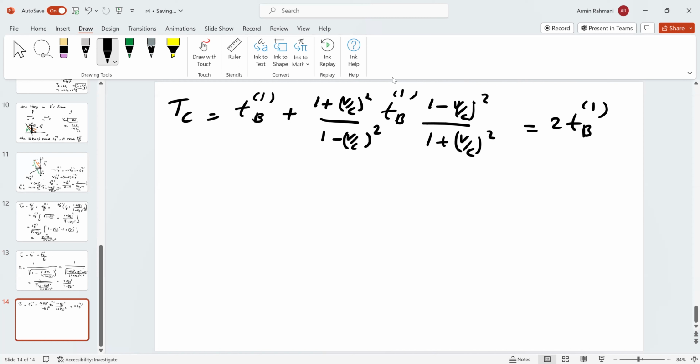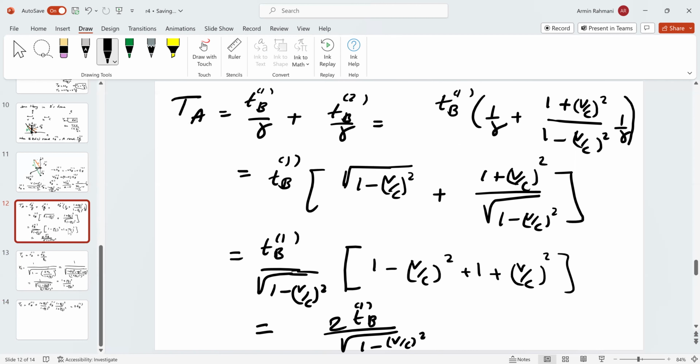So we found TC to be 2 TB1, and TA previously we found to be 2 TB1 divided by that. So it's just a factor of gamma, right?